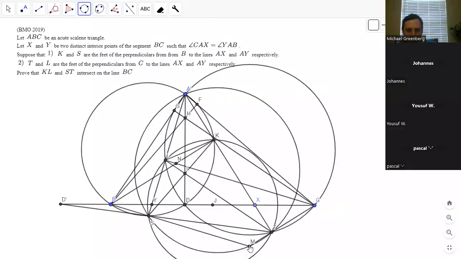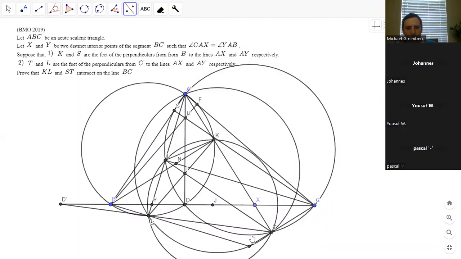This is the antipode of A. Yeah, it's like a generalization of the orthocenter configuration. But yeah, J is the midpoint of BC. It's not the midpoint of XY.